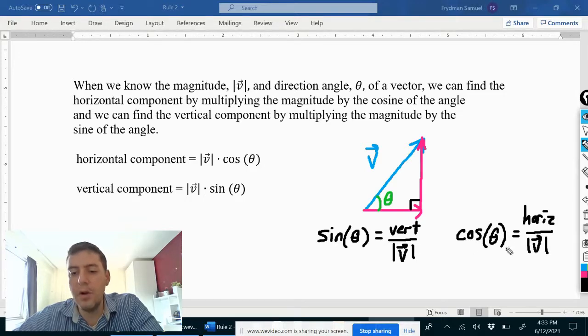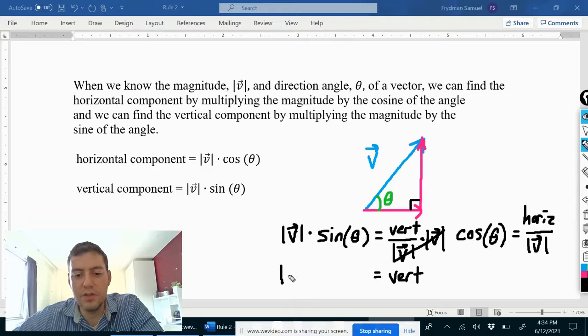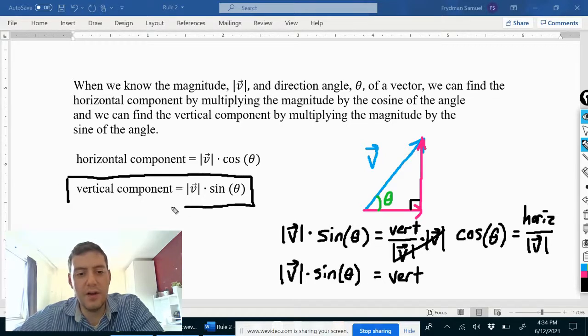And then if we just multiply both sides of both of these equations by the magnitude of v, these cancel over here, and then we would see that the vertical component is equal to the magnitude of the vector times the sine of this angle over here, which is exactly what we said back here.